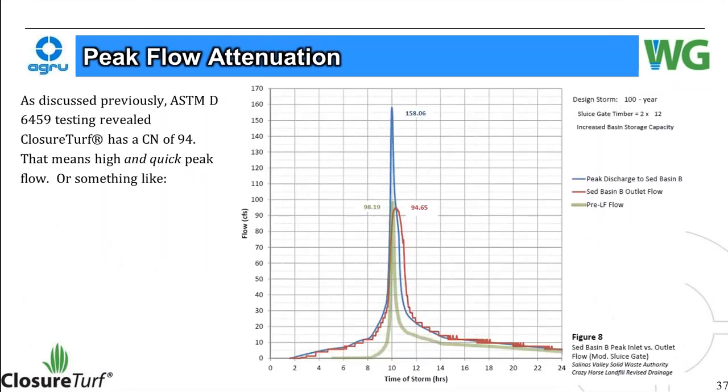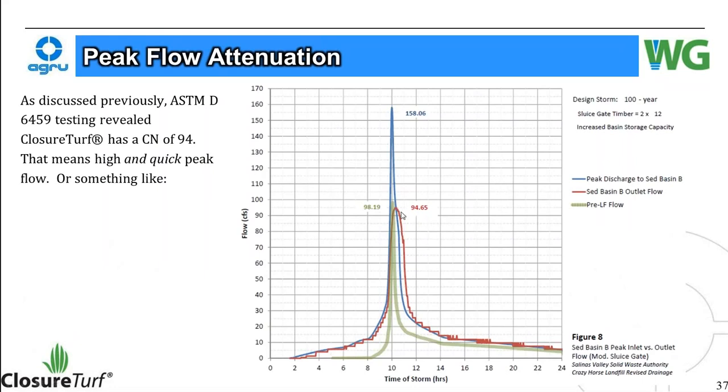Peak flow attenuation. As discussed previously, ClosureTurf has a very high runoff coefficient. That means high and quick peak flow, or something like this chart here. The blue flow is discharge into a sedimentation basin.